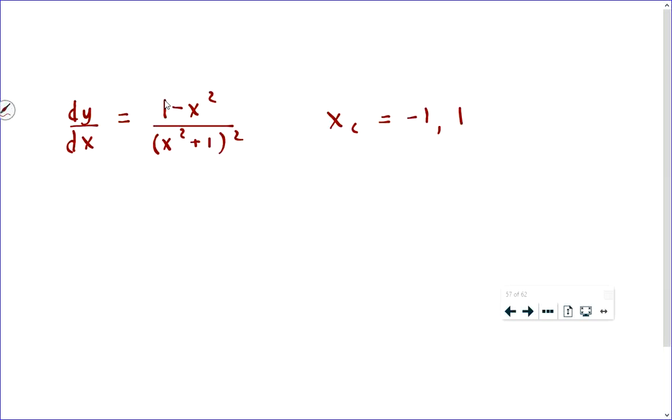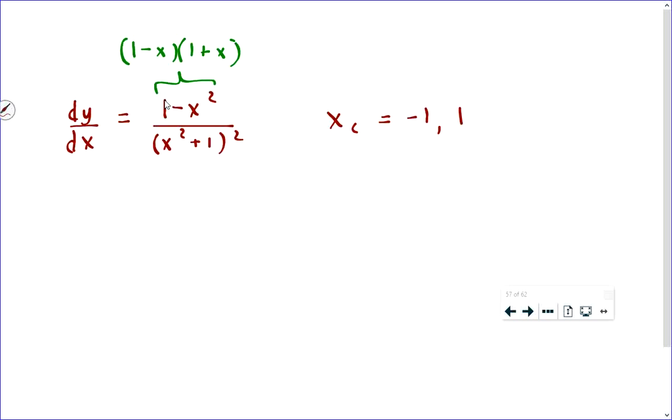And I didn't choose to write it down this way or ask you to write it down this way, but you should know that 1 minus x squared is 1 plus x, 1 minus x. That's where I'm getting the two critical values of x from. And that means that my first derivative table, I hope you're organizing your work well here, because there's a lot that you have to write down, right?